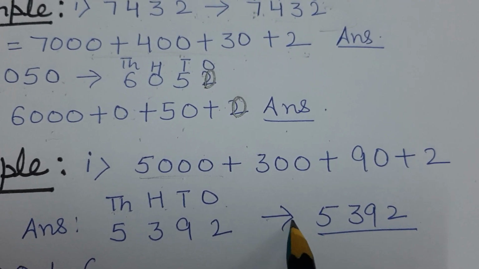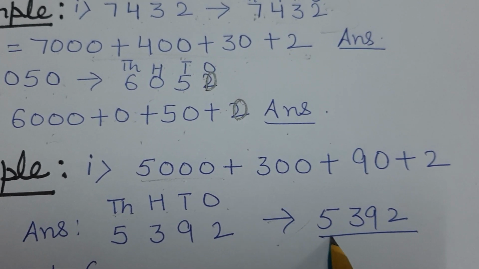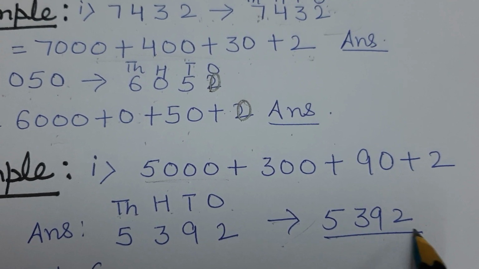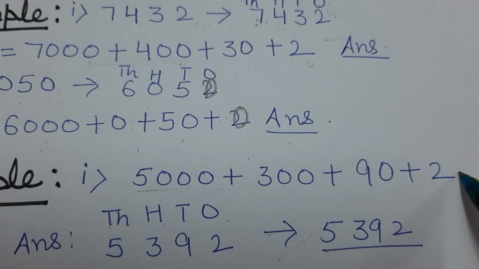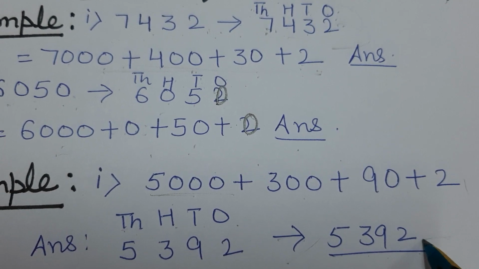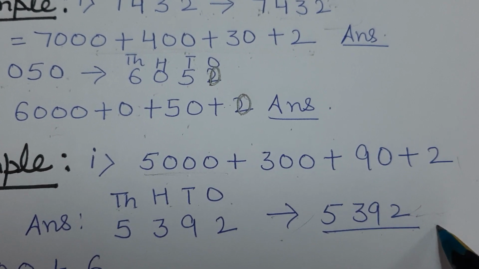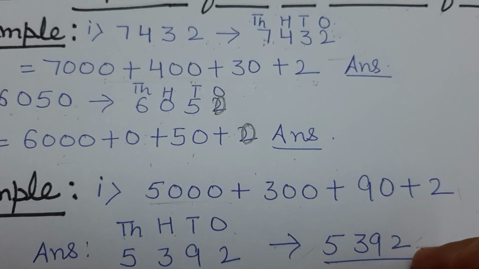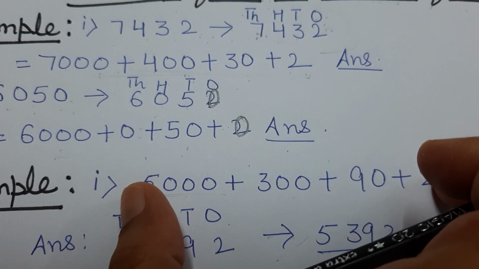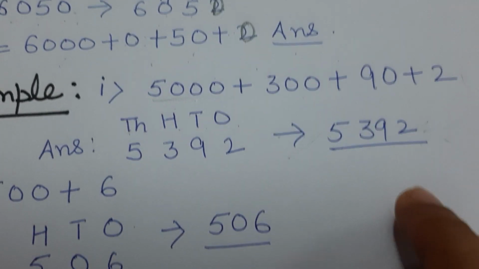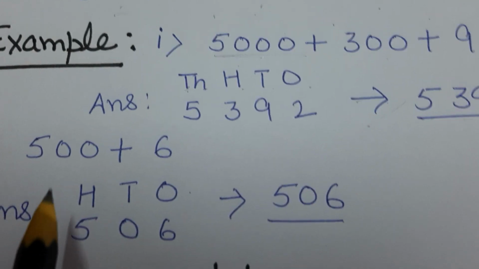So which number we are getting here then? 5392. From expanded form we will convert it into standard form. This is standard form, this is expanded form. This is the difference.